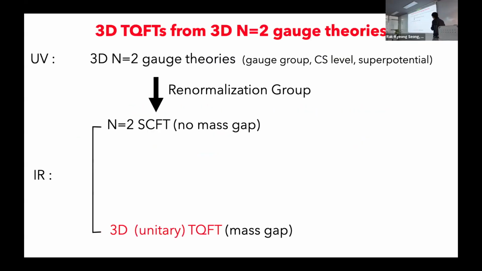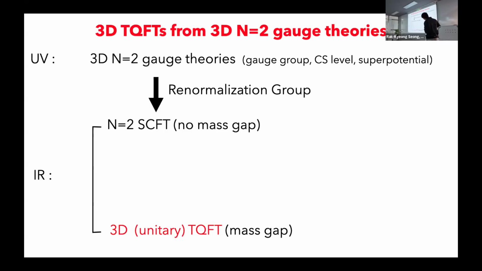So let me explain generally how to construct 3D TQFTs, topological field theories, from 3D N=2 theories. The UV data is given by a 3D N=2 theory, which is given by the gauge group, the Chern-Simons level and the superpotential. And under the renormalization group flow, depending on whether the theory has a mass gap or not, the IR phase is schematically given in two categories.